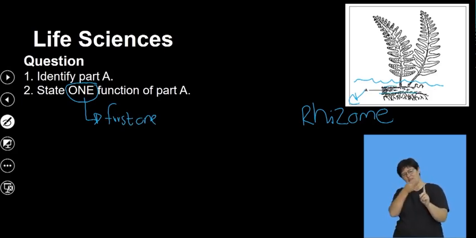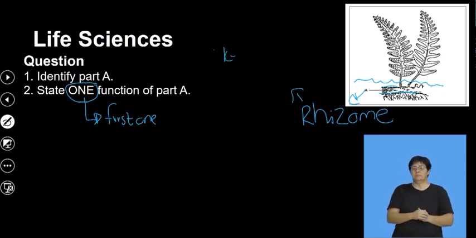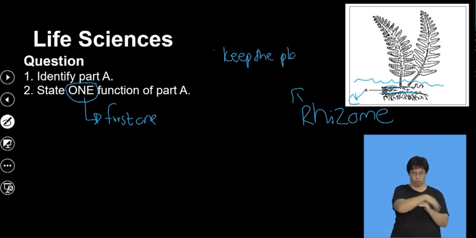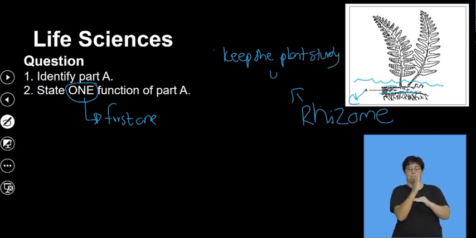Now, what is the function of a stem? Okay, so the stem, even though it's underground, what's it going to do? It's going to keep the plant sturdy or upright, even though it is underneath the ground. Guys, what is it going to do?